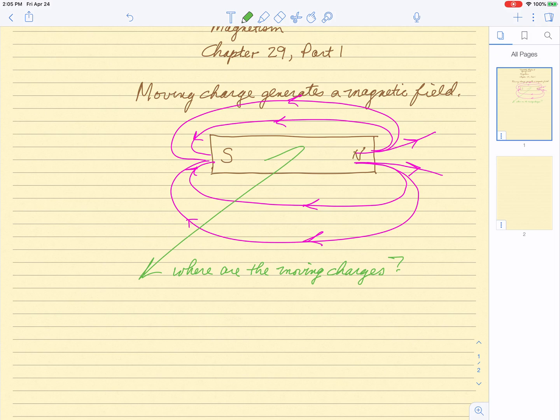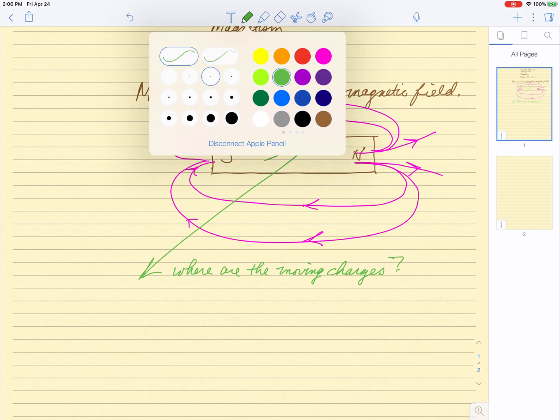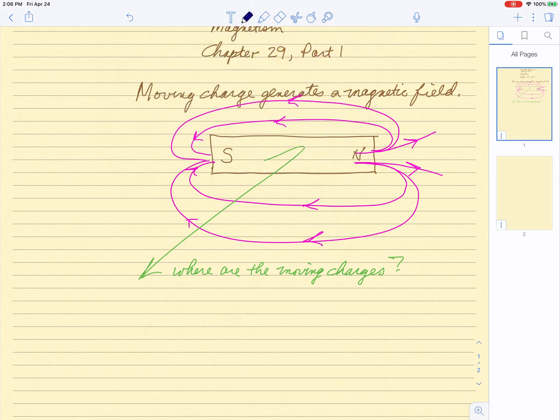There's no current. That's evident. And so, where are the moving charges? And so, this goes back to trying to understand the history of magnetism, electricity, and how they're conjoined.